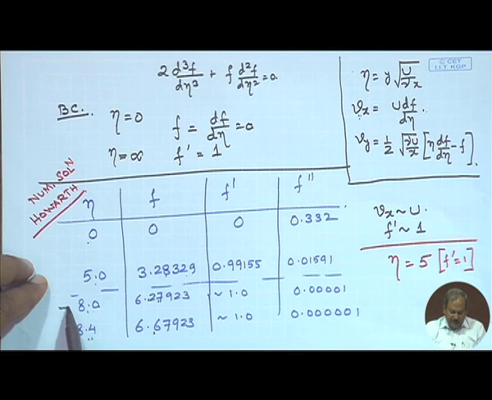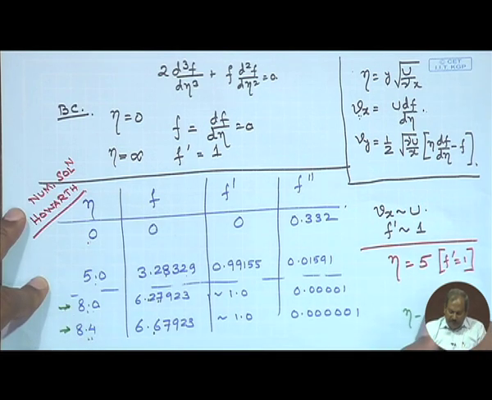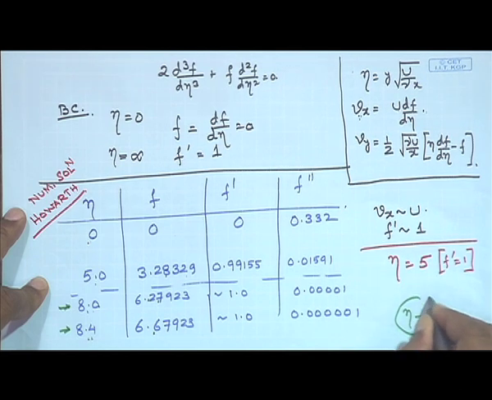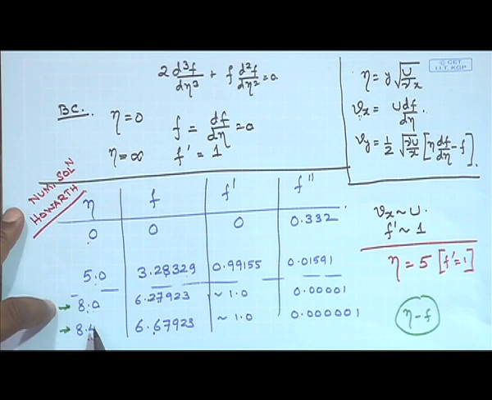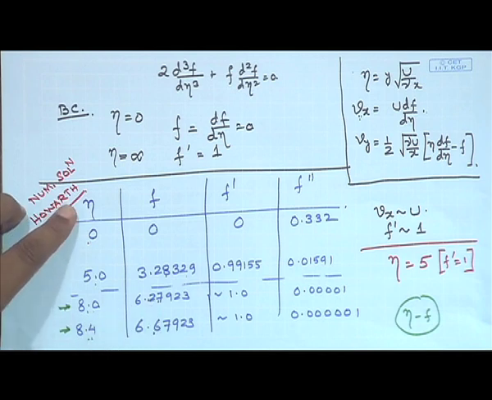If you just take these two rows, the value of eta minus f becomes independent of the value of eta beyond eta equals 8, because 8 minus 6.27 and 8.4 minus 6.67, so the difference is independent of eta.